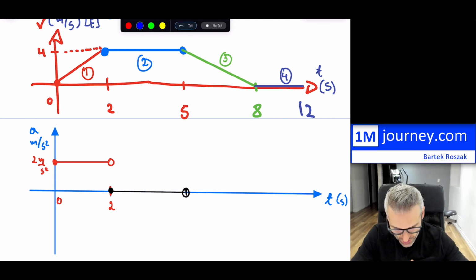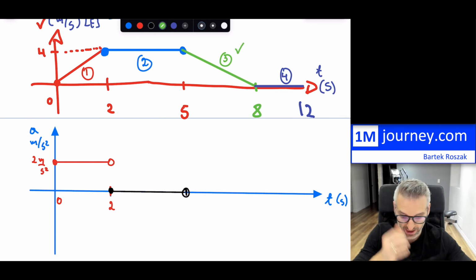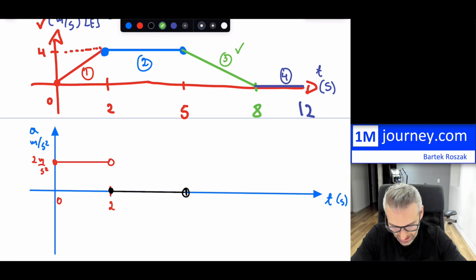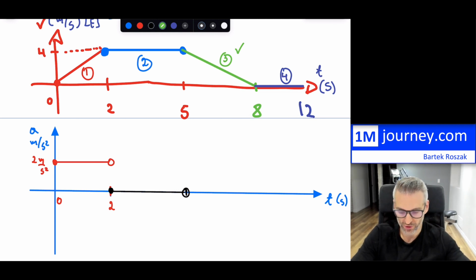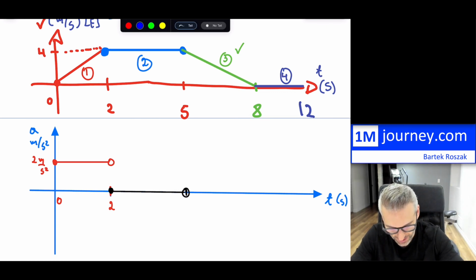So now as you're moving along, that green piece, so that's this one right here. For that green piece, notice it's a negative slope. So you are falling 4, but your run is 3, right? So you're going from 5 to 8. So that is 3 seconds.